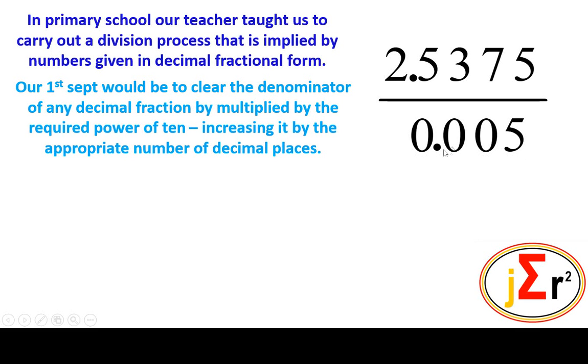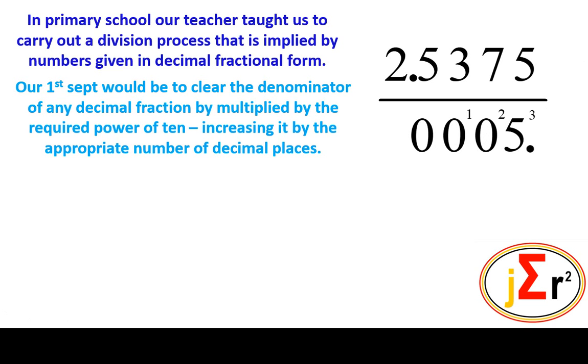By so doing, we will be increasing this number by a particular number of decimal places. The number of decimal places will be the number representing the power of 10 that we are multiplying by. So we will begin by clearing the denominator of all decimal fractions.